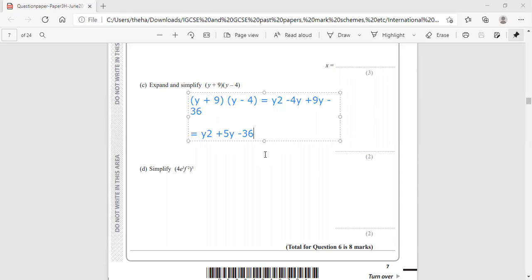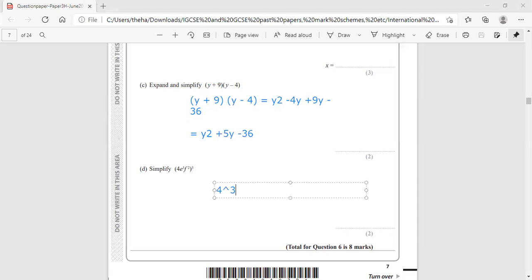Okay, next one. Simplify 4e cubed f squared, all to the power of 3. When you have indices, a power of something, you multiply. First of all, we'll just do the 4, which is 4 cubed.